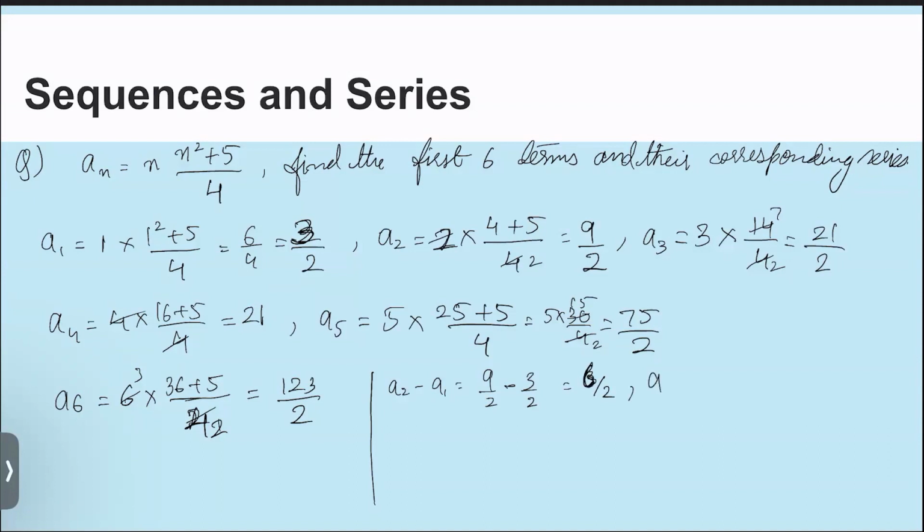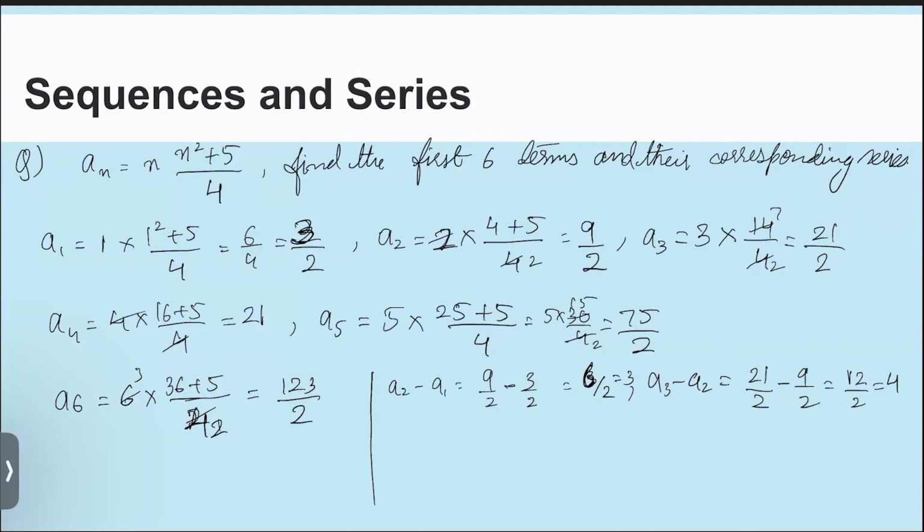Let's see for A3 minus A2. So our A3 is 21 by 2 and this is minus 9 by 2. So this will be 12 by 2.